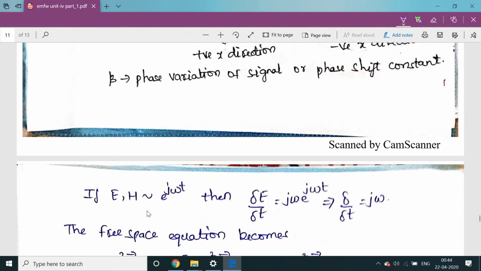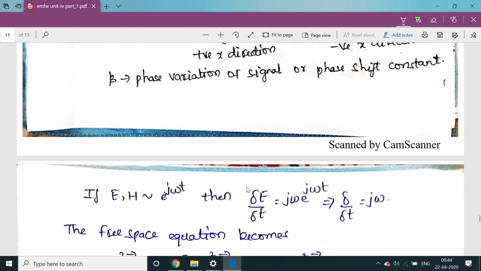Suppose E and H are given as a function of e power j omega t, then consider dou E by dou t. Suppose E is equal to e power j omega t; if you differentiate this with respect to t, we get e power j omega t into j omega.